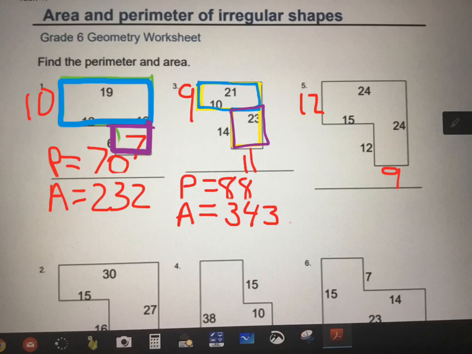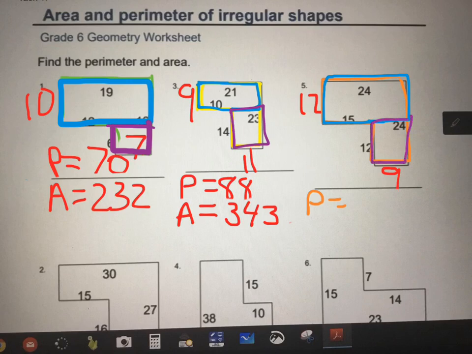Okay, remember, perimeter is your outside. Add them all together. And for your area, we'll separate it right here. It will be the blue square plus this purple square.